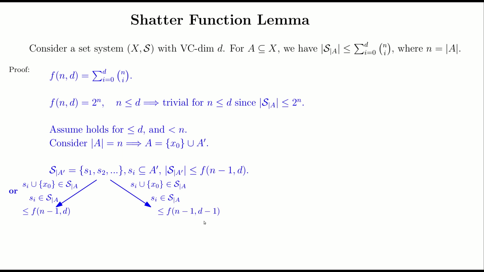By what we argued, adding this, or the number of subsets that satisfy both of them, to this value will be a bound on the maximum size of the restriction of S onto A. This means we'll get the following recursion, and you can easily verify that with our definition of function f, this recursion is satisfied.